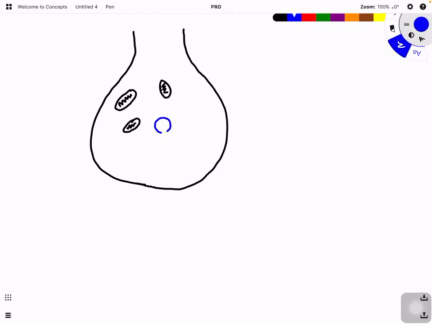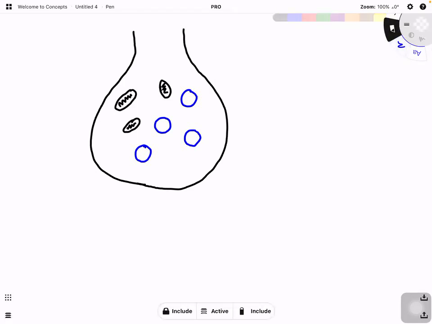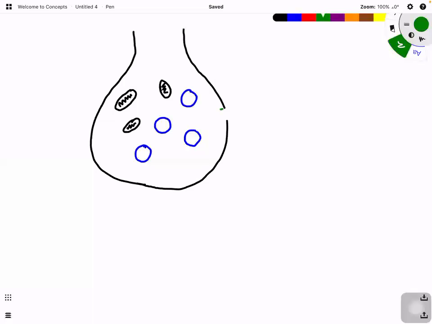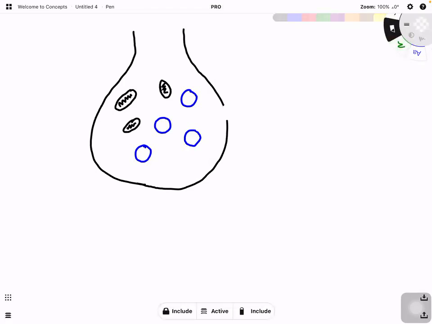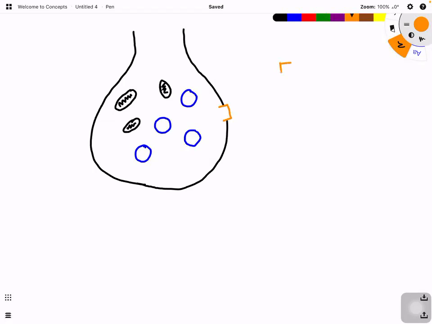Second, it has a lot of vesicles known as synaptic vesicles. Third, it has a special channel protein, voltage-gated like the sodium and potassium ion channels, but now it is a voltage-gated calcium ion channel.